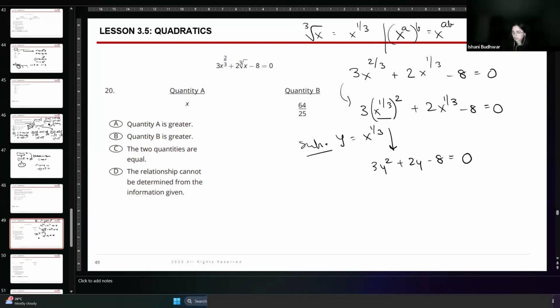Is that right? Okay. So what is y? y is x to the power of 1 by 3.